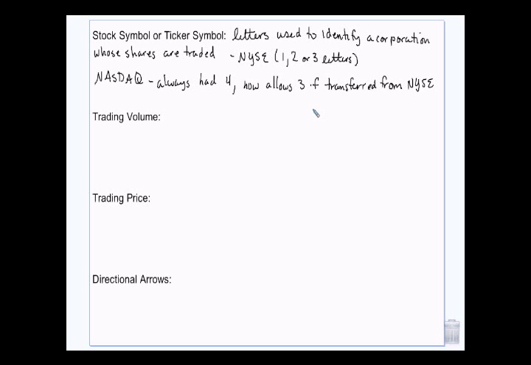So if you had 3 on the New York Stock Exchange, you have the same 3 on the NASDAQ now. Examples of tickers: Visa is on the New York Stock Exchange, it's just V. And Coca-Cola is KO. Target is TGT. So they're just letters, and sometimes they make sense, and sometimes you look at them and you go, I don't know. You have to look them up, because they don't make sense.